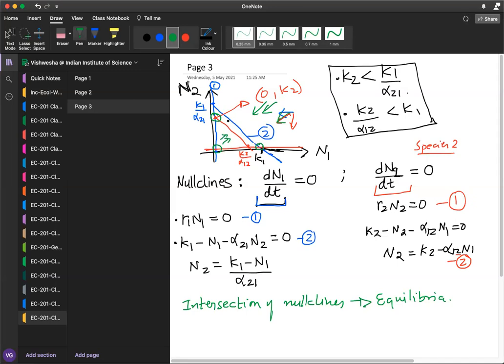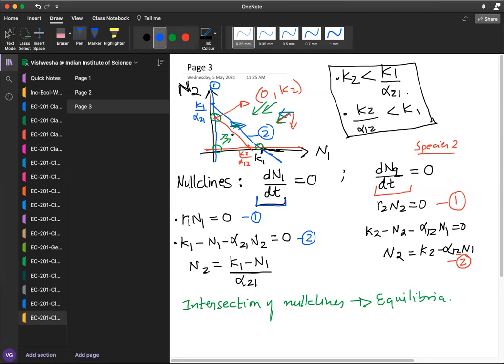But what happens in between blue and red? You are below blue, which means that blue is increasing. There is a flow in this direction. But you are above red. What happens to the red, species 2?